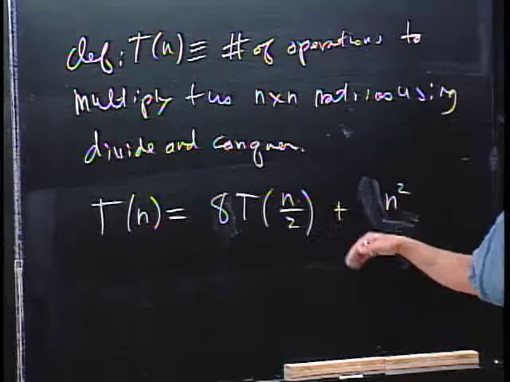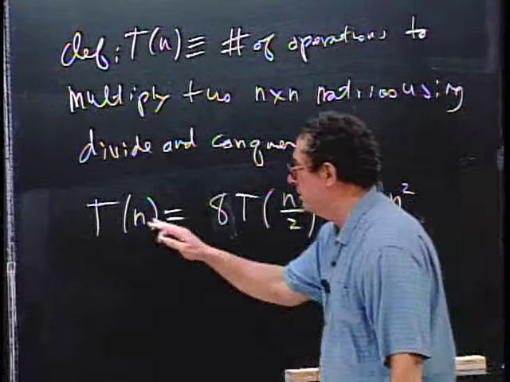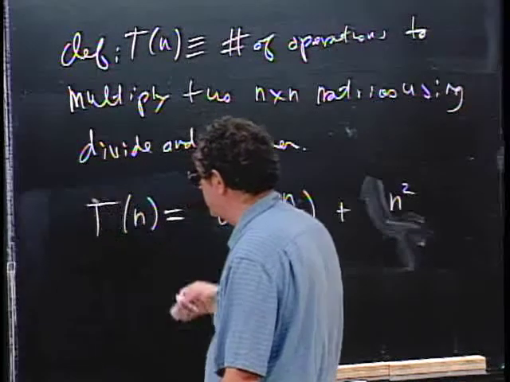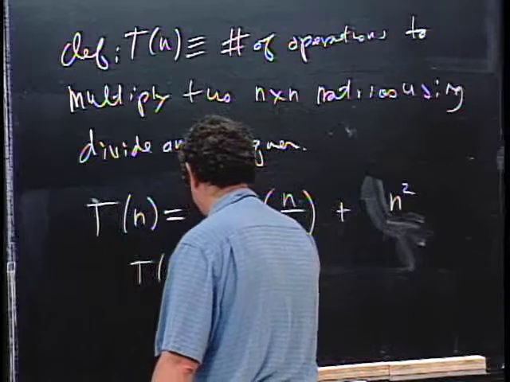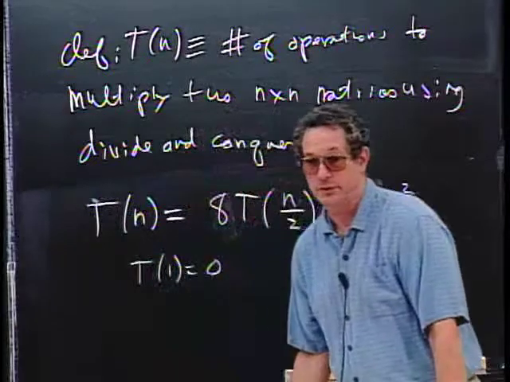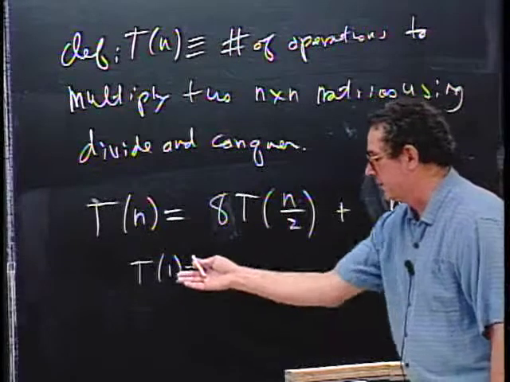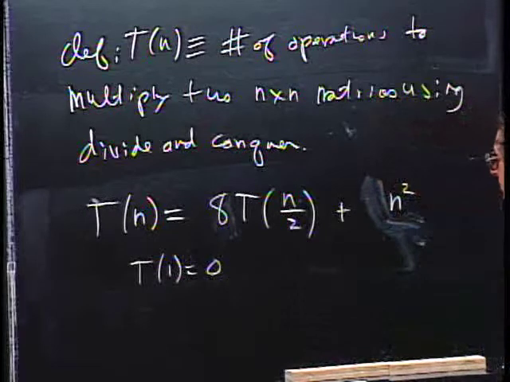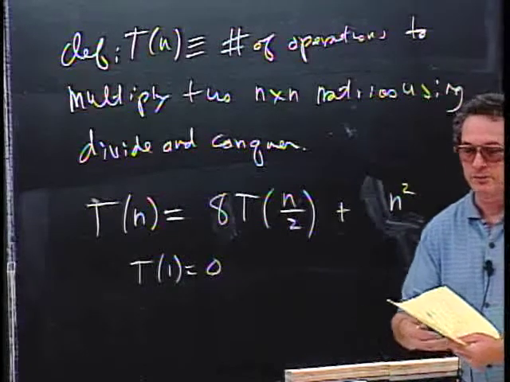We could unwrap this and figure out what we have for a closed form solution of T(n). And by the way, T(1) is equal to 0, so that's the base case of this recursion. But if you remember from the master method, we don't even need particularly to look at the base case. The master method already incorporates what would happen if you unwrapped.